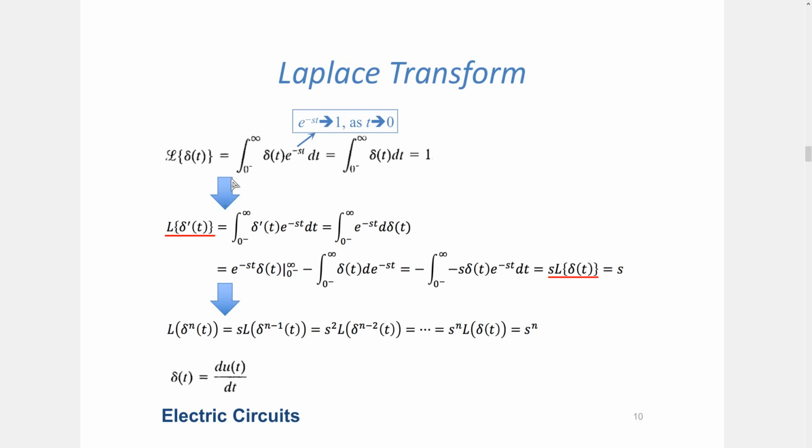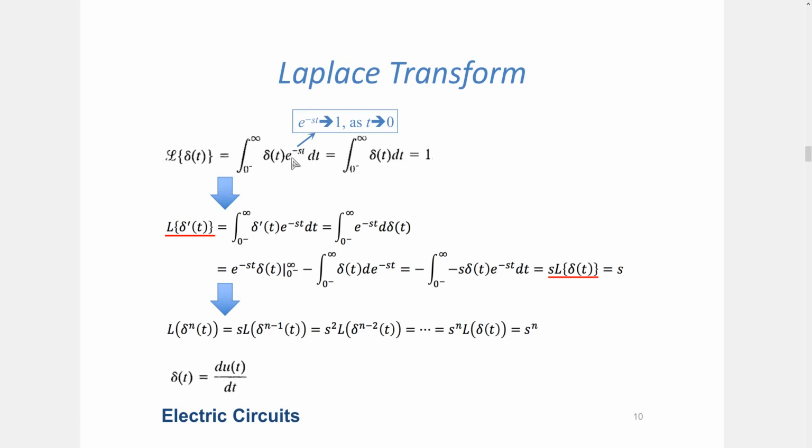And as you can see, I have just created an integral. I'm just applying the Laplace transform definition. Delta(t) is my f(t) and e to the minus st, and here as the t goes to 0, the e to the minus st will be 1. And if it goes to infinity, it will be going towards 0.